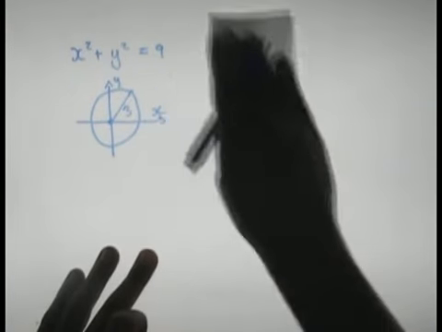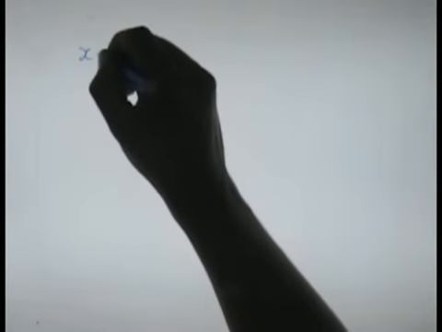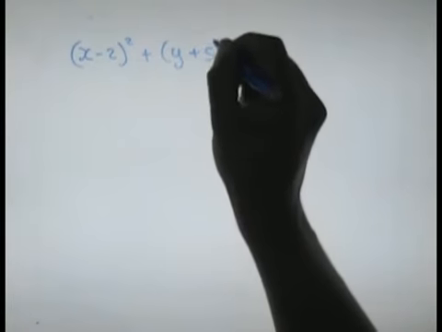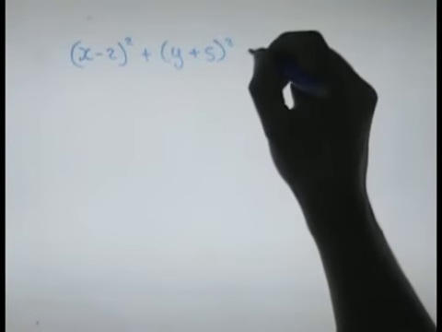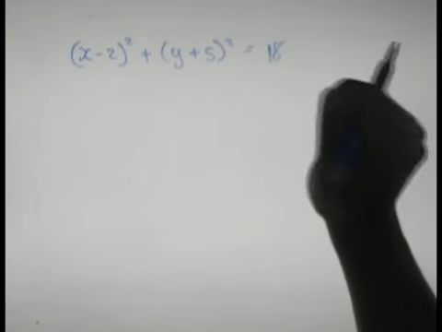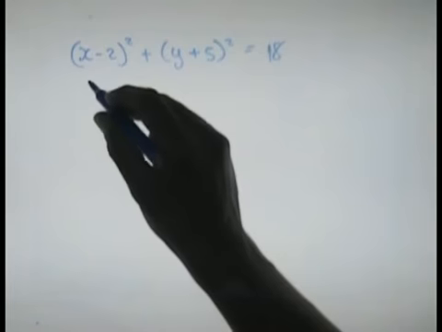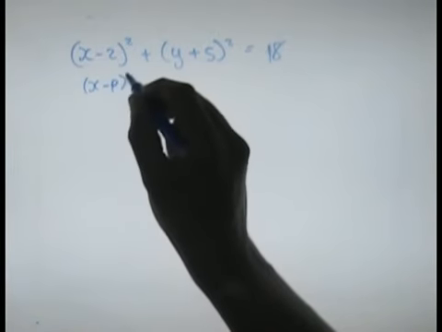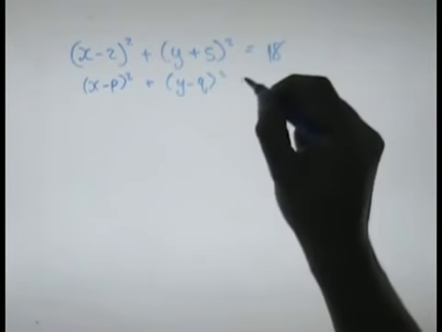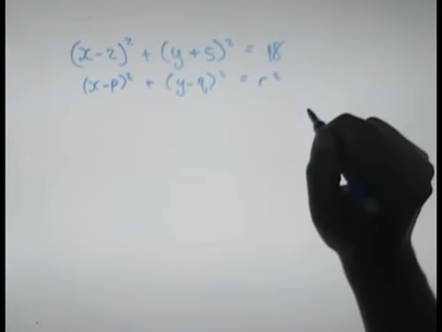The next one we are going to look at is of a circle not centered around the origin. I'm going to work with the equation (x minus 2) squared plus (y plus 5) squared is equal to 18. This is (x minus p) squared plus (y minus q) squared is equal to r squared.